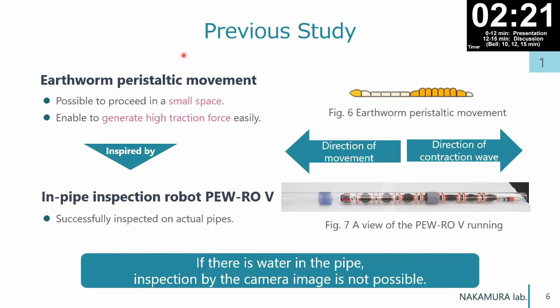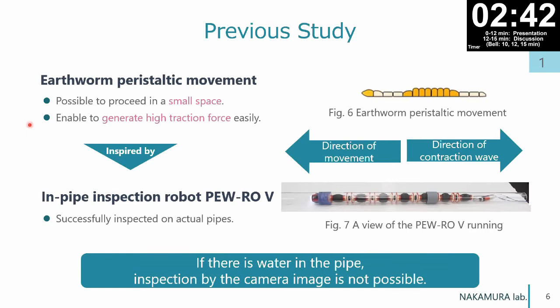In the previous study, earthworm peristaltic movement was focused on. Peristaltic movement is shown in figure 6, and it has 2 advantages. First, it can proceed in a small space because it requires only space for radial expansion and contraction.